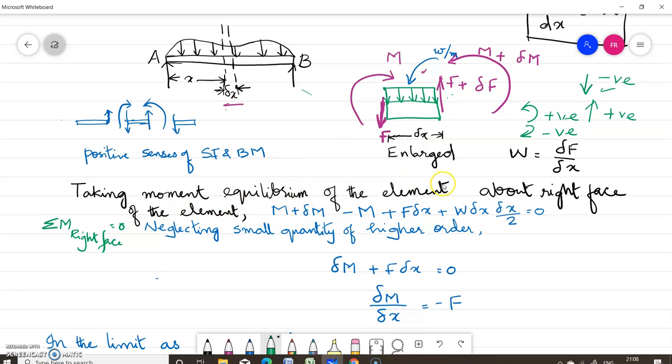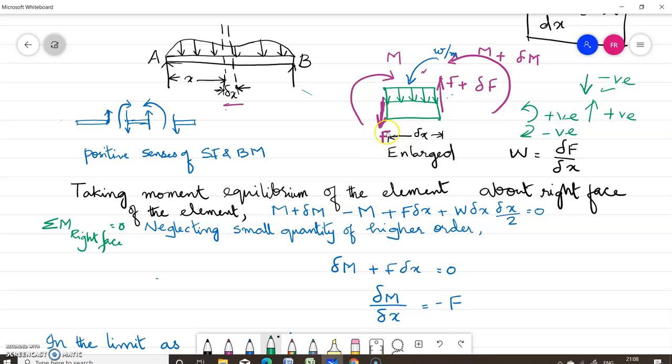M plus delta M is anti-clockwise, and we have taken anti-clockwise as positive, so M plus delta M. Then this M is clockwise, so it is negative, minus M.